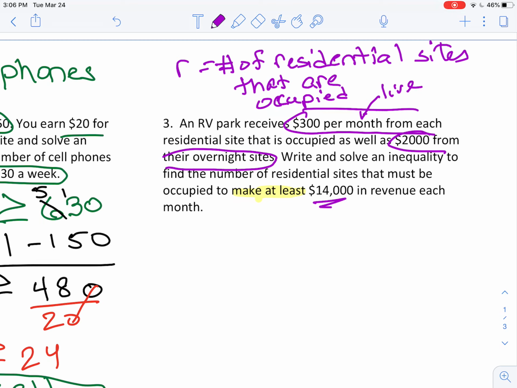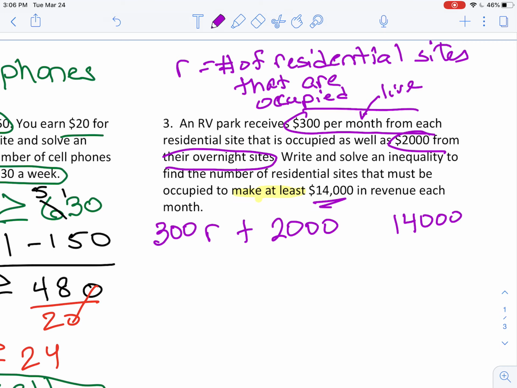You might not have so many words as me. All right. So for each residential site that someone lives in, they're making $300. So $300 times every residential site that's occupied. Plus, they make $2,000 from the people that just come for one night.